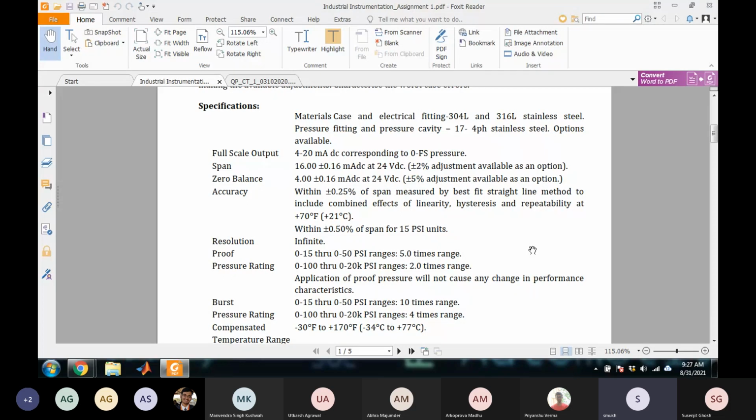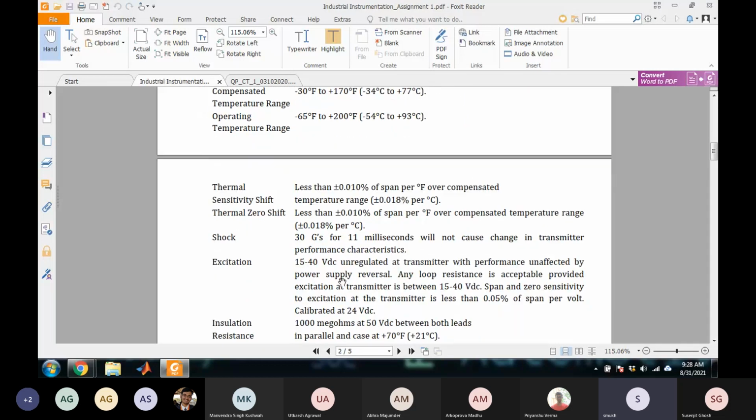Prosenjit, can you just go down please a little bit just to show? So you see the excitation is mentioned. The instrument works with 15 to 40 volt DC. So even if it goes below 24, it will work. But 24 is the nominal voltage at which the instrument is calibrated.